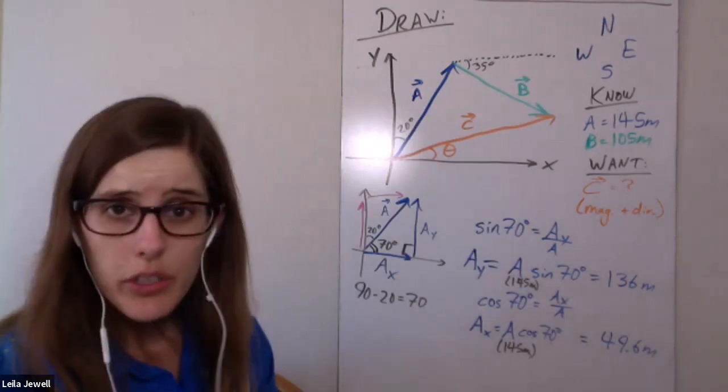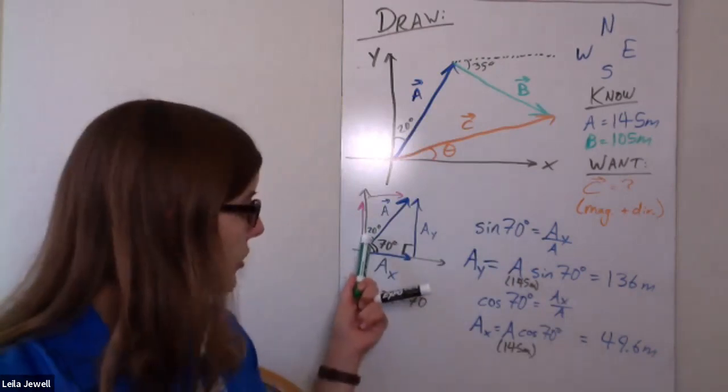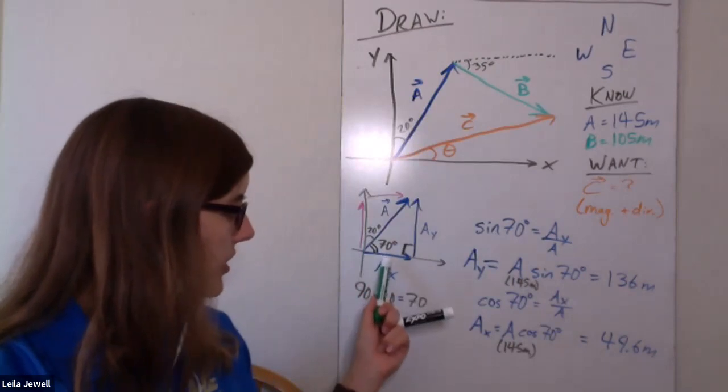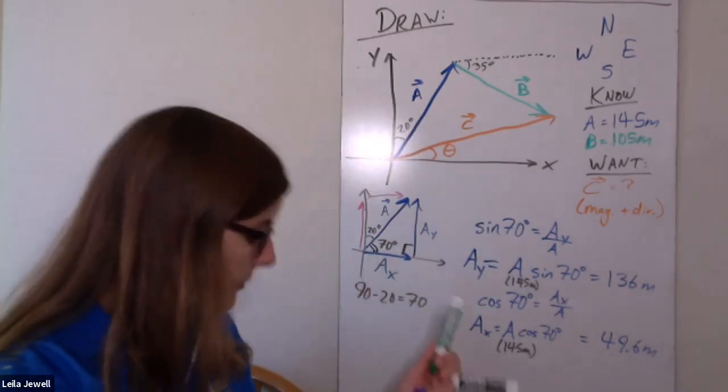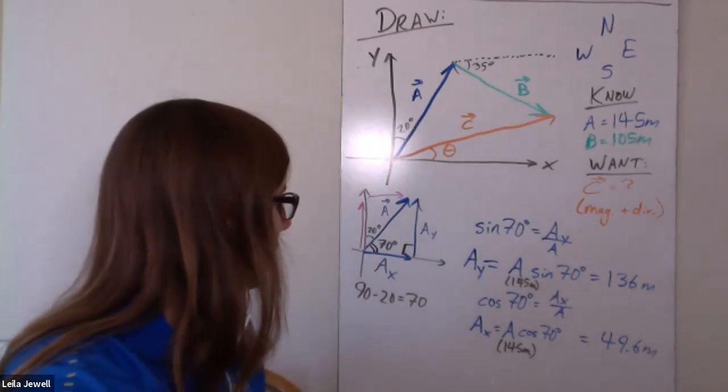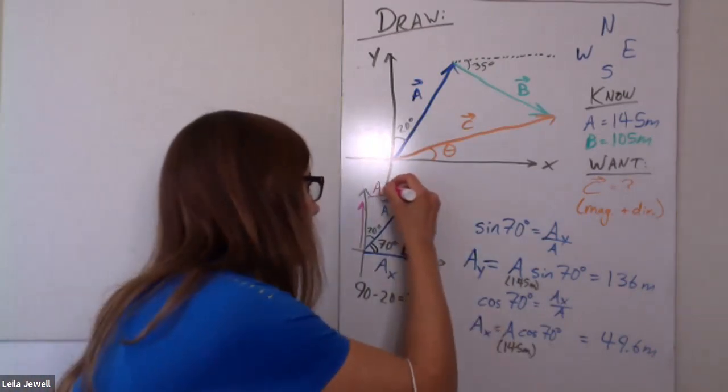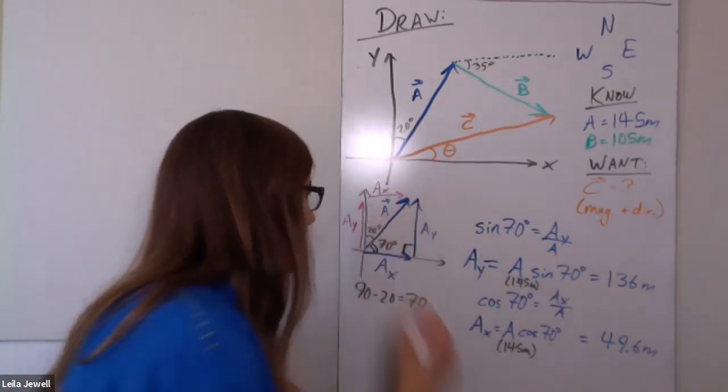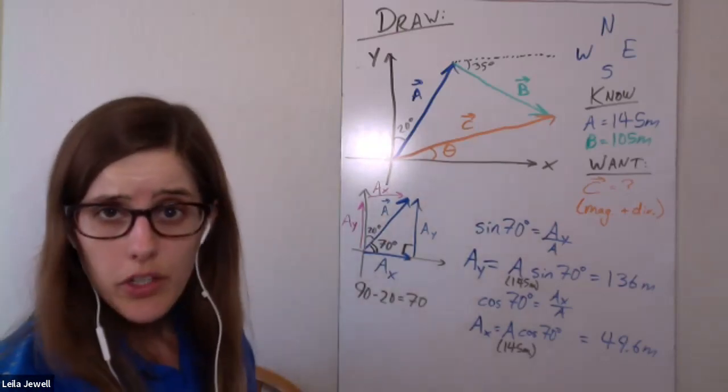I do want to show you though, because sometimes it's easier just to stick with the 20 degrees instead of doing this math to figure out the 70. If we use the 20 to solve for our A sub X and A sub Y, we would just switch our trig functions around.